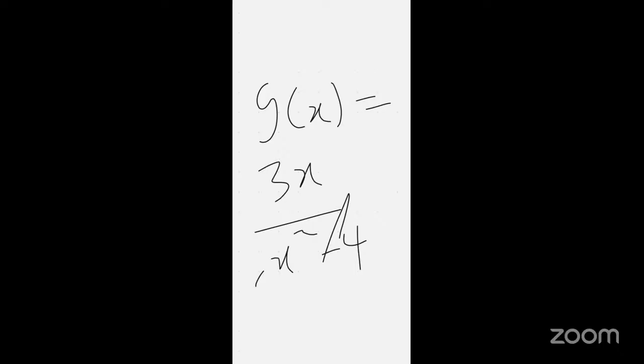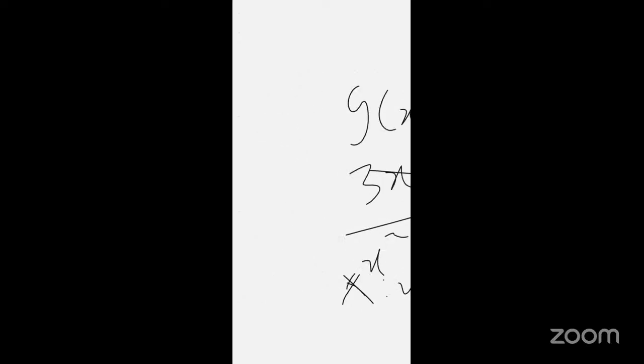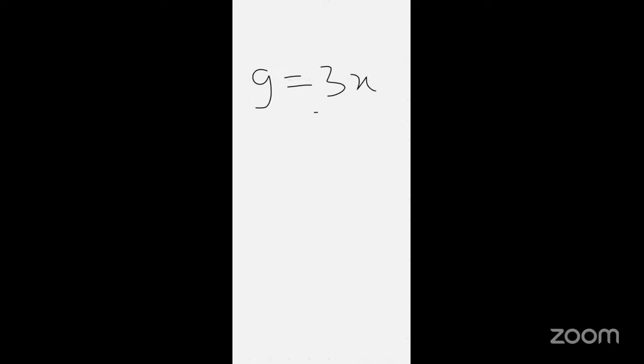The domain of that function is the number x such that x squared minus 4 is not equal to 0. It's not equal to 0.